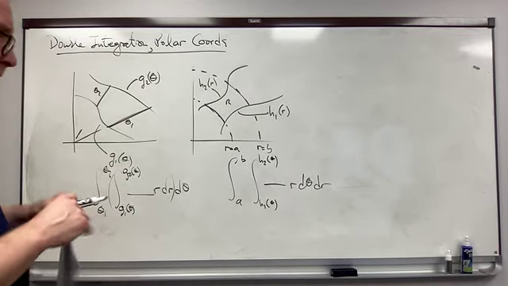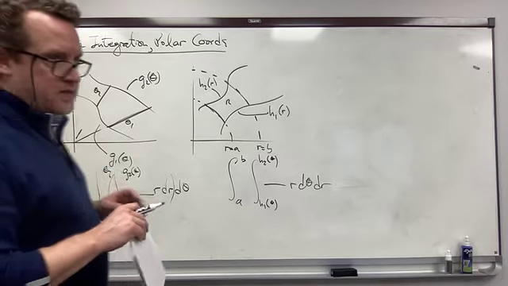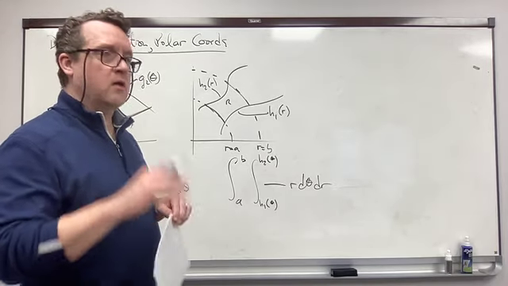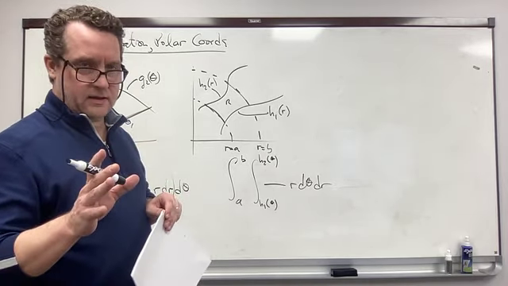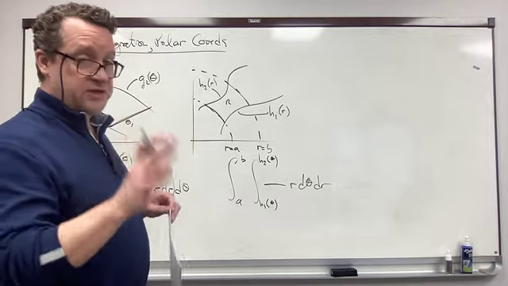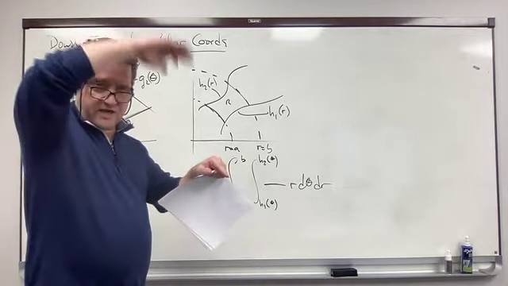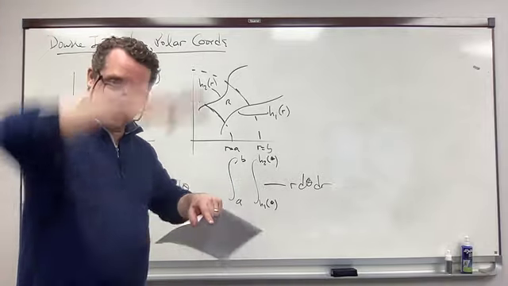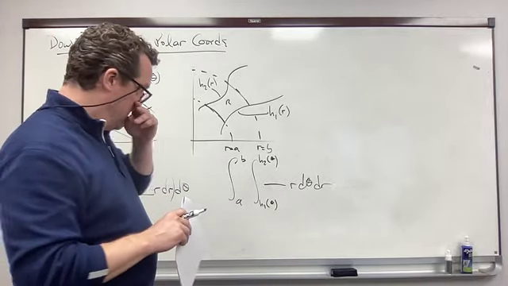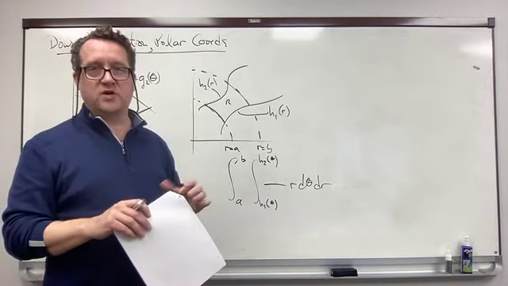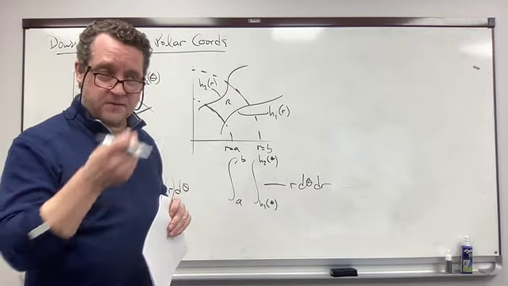But the point being, just like when we did double integrals in x and y, when we do double integrals in r and theta, we have to understand the region we're integrating over, the floor we're walking on. We have to understand the function that's above that floor, the volume between which we're going to calculate. But we have to decide which way to integrate, which one to integrate first.